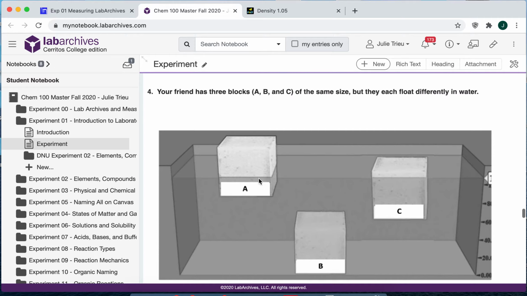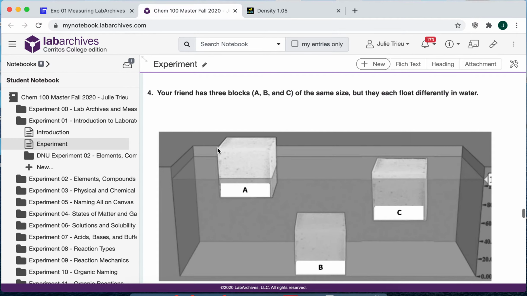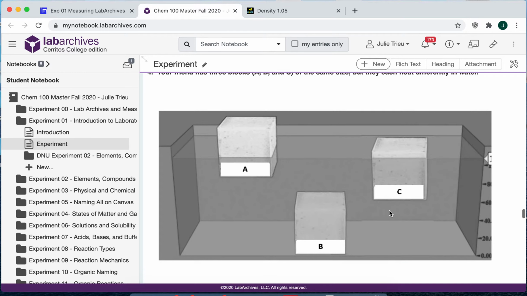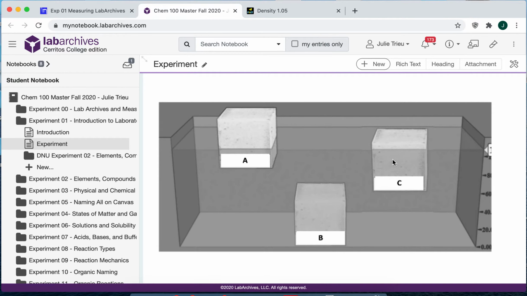Okay. So the last problem you need to do: you have 3 blocks according to this picture, A, B, C, and you're going to see they float and sink differently. What it tells you is that the 3 pieces have the same size but float differently, so they're made from different materials.